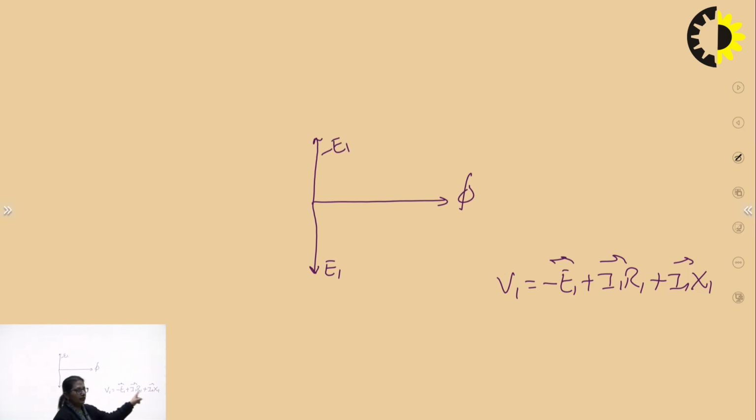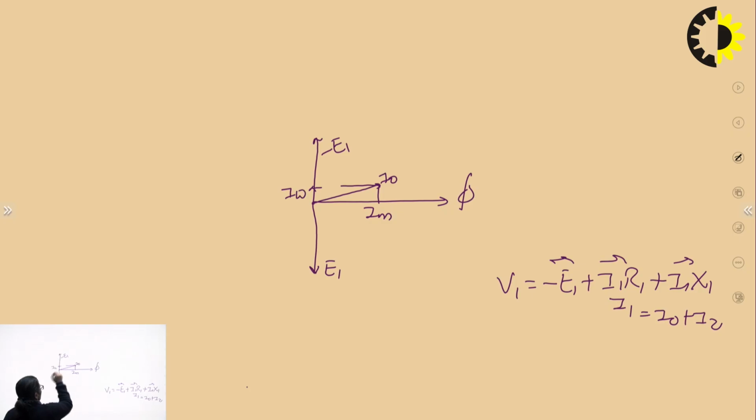Once again I1 R1 I require, from where will I be getting it? From I1, and for plotting I1 once again I require I0 and I2 dash. I0 is the phasor addition of the two components IM and IW.